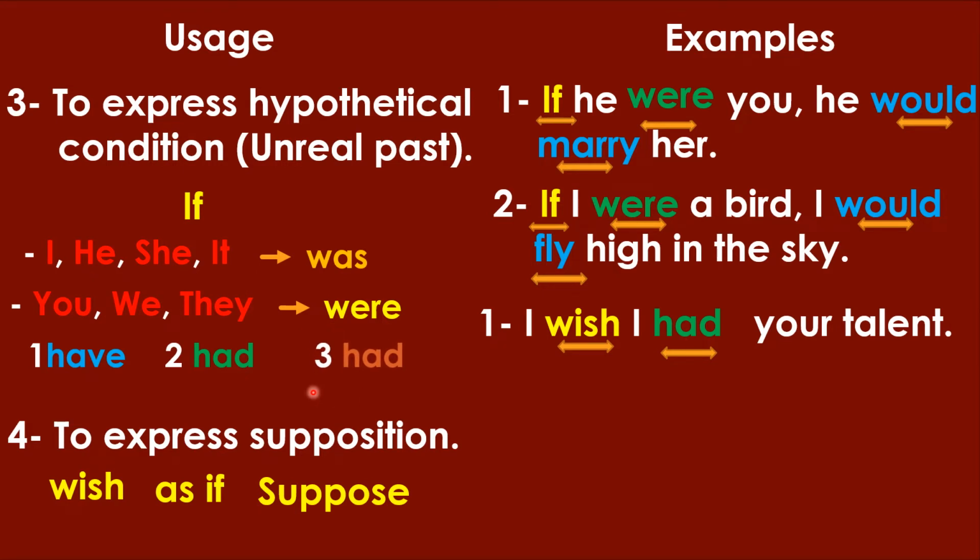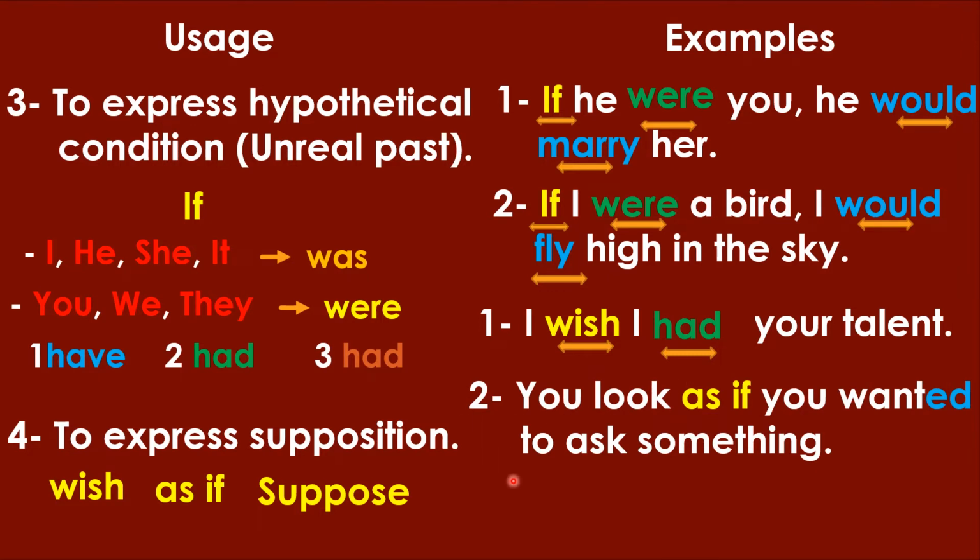And had is also the past participle. I use the past form because I am expressing an unreal past, so I cannot use have. I use had. In this case I cannot say "I wish I have your talent." The right choice is "I wish I had your talent."